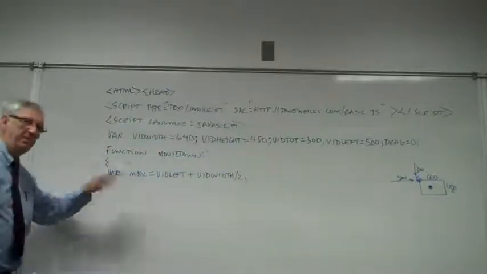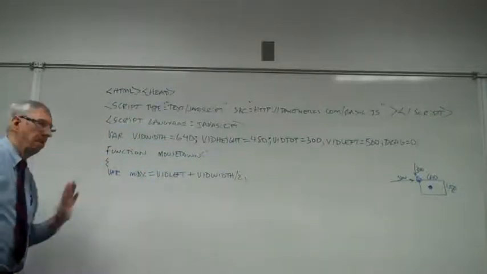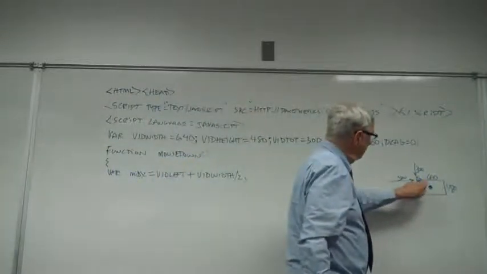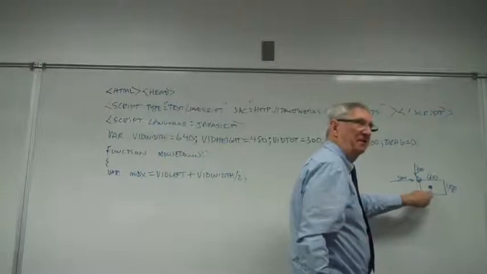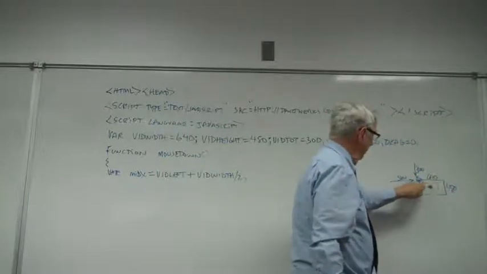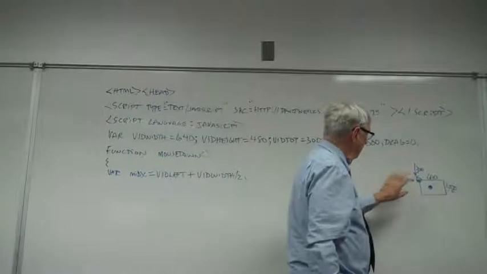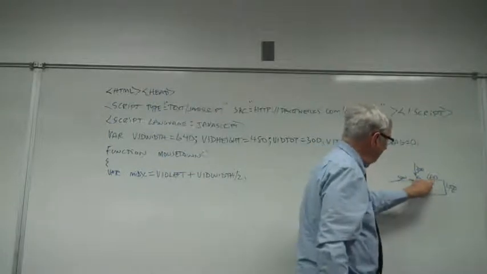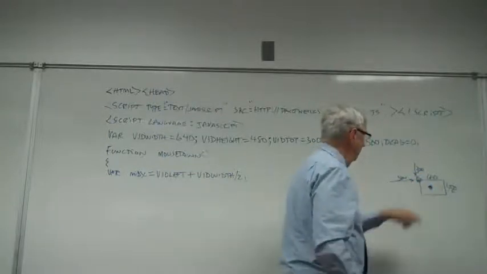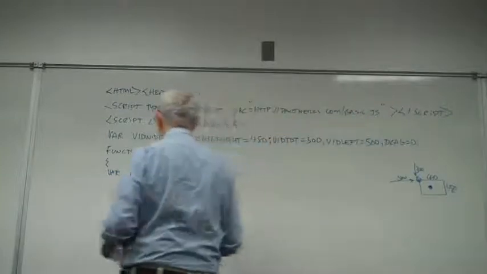And here's what I've done. I said, what is the X midpoint of that thing? Well, it's this distance right here plus half of that distance. That's the X point of this. So notice, this is the vidWidth right here, and this is the left. So you take the left and you add it to half of that, and you're now in the middle in that direction. And then you do the same thing in the vertical direction.